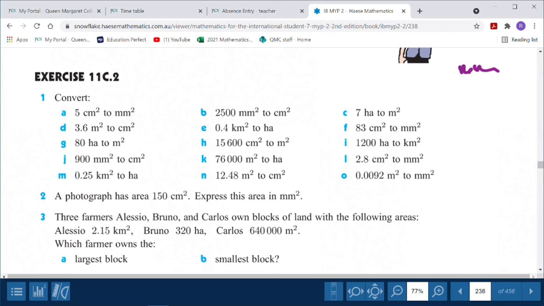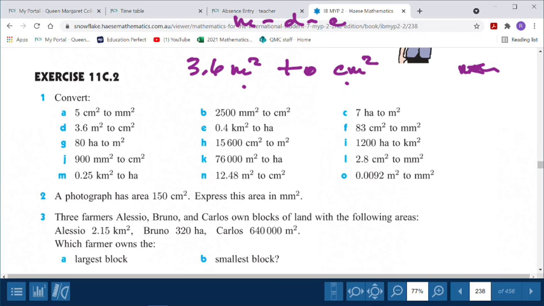Hold on, guys. You're making this a lot harder than it has to be. Look at 3.6 meters squared to centimeters squared. We have meters, decimeters, centimeters, right? So we're moving from meters to centimeters. That's how many jumps? 2 jumps.